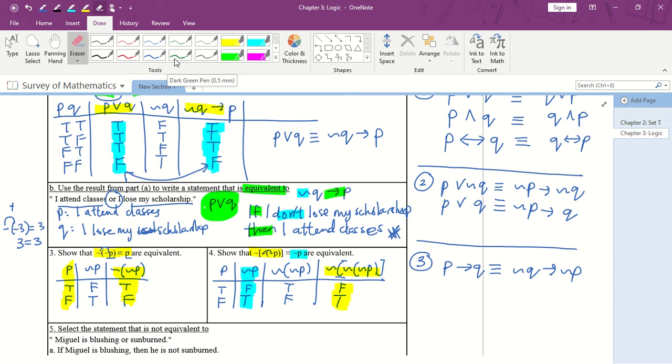Okay, look at here. Let me highlight it for you. When there's nothing here, there is something here. When there's nothing here, there's something here. When there is something here, there is something here.